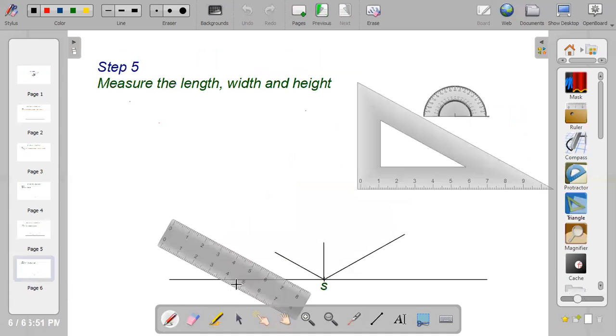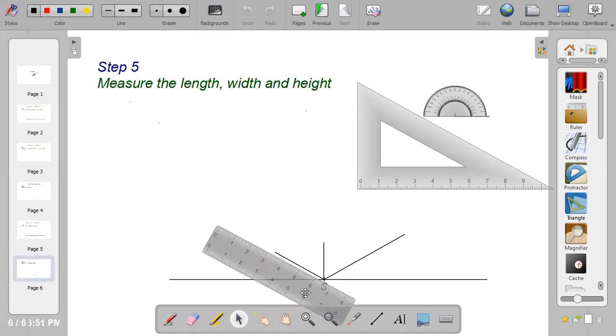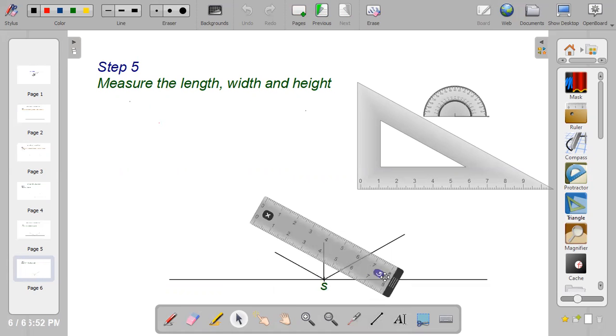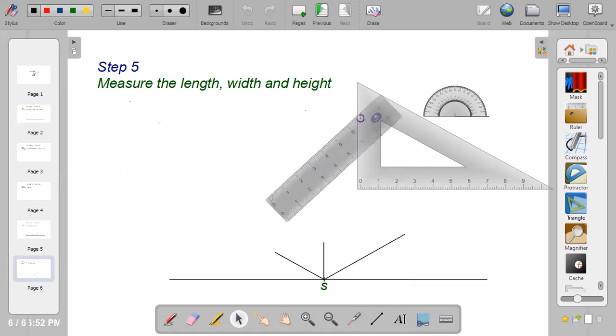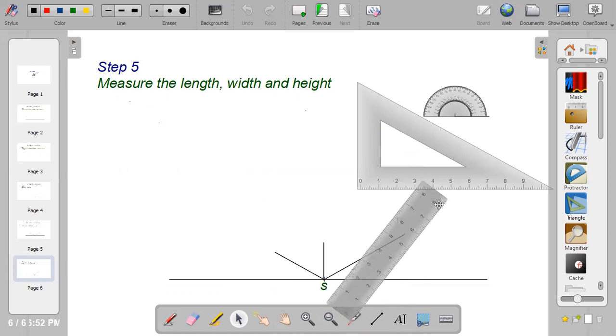So you bring out your ruler and measure 30. If it's more than 30, you erase it, but if it's less than 30, you can extend the line. So I have 30 on my left-hand side, then I will take my ruler and measure what I have on the right-hand side.